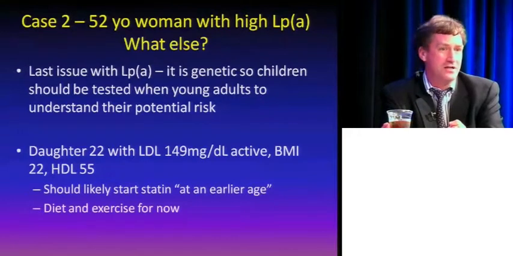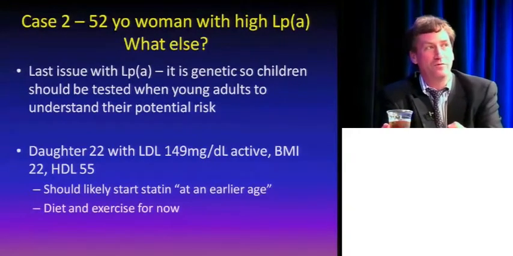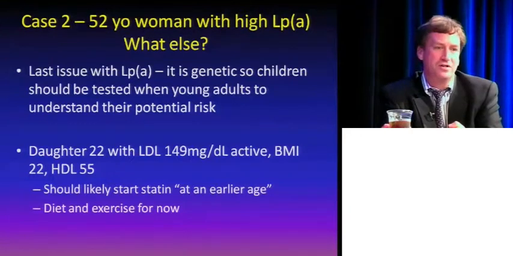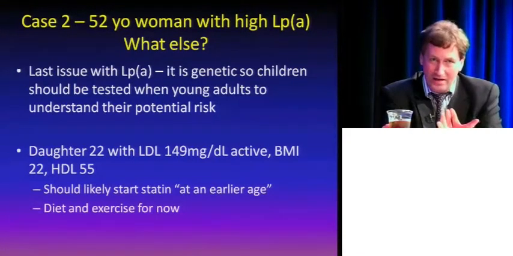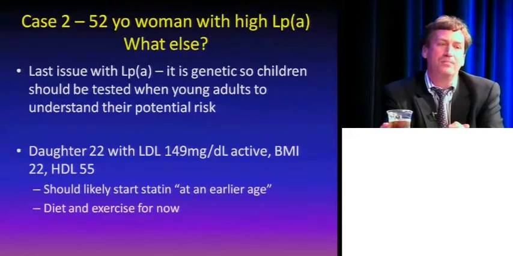So we actually got her daughter tested, and her daughter had an LDL of 149, a BMI of 22, an HDL of 55, and an Lp(a) of 250. Okay? And so the question is, what would I do with this lady? She's 22, so I'd wait right now, but I would pull the trigger very early in starting her on a statin.